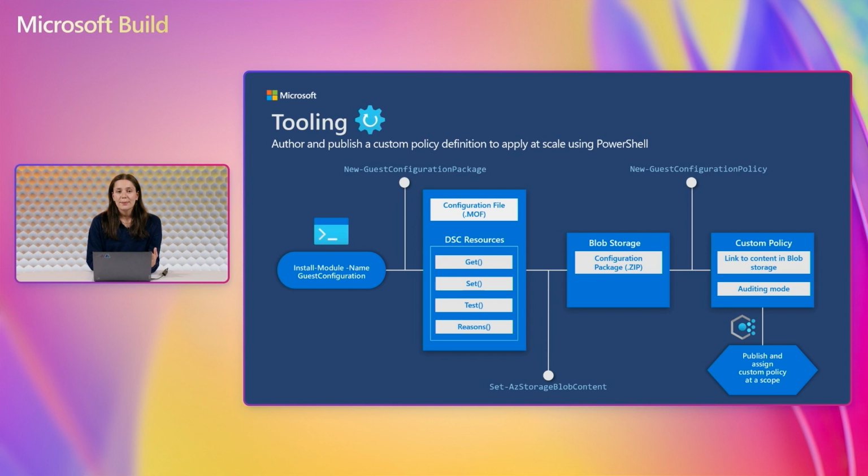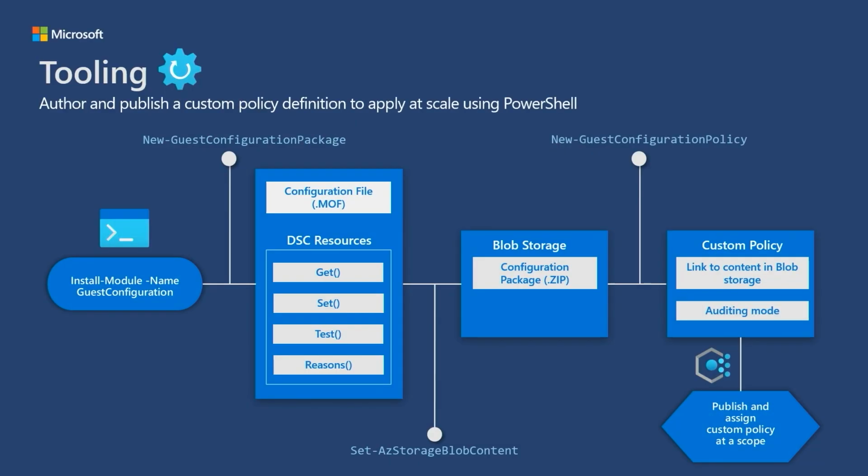Well, we have some great PowerShell tooling that we've been iterating on over the last year, and I just wanted to show a quick visual of what this looks like in practice. So going through the chart, the first thing that you need to do is make sure that the guest configuration PowerShell module has been installed.